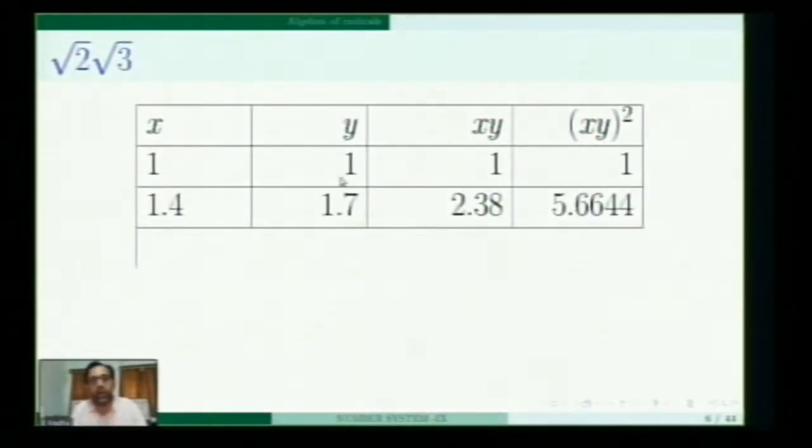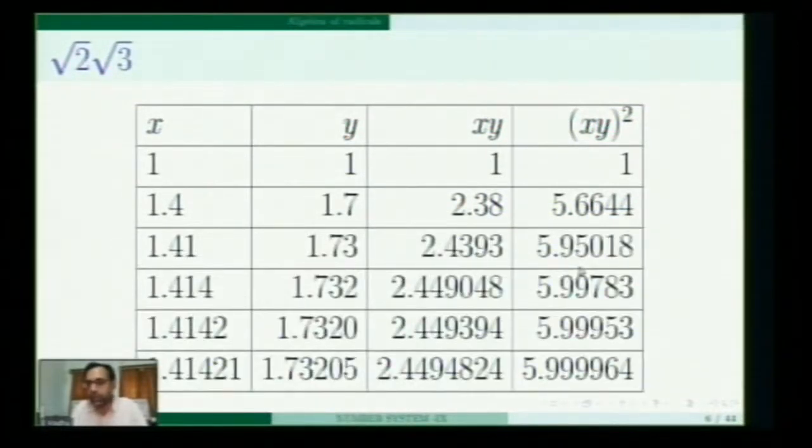So if it is 1, 1, xy is 1, xy square is 1. Next one is 1.4, 1.7, 2.38, 5.6644. As you proceed, you see the last column, xy whole square, is coming closer and closer to 6.